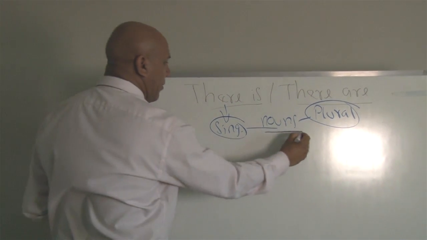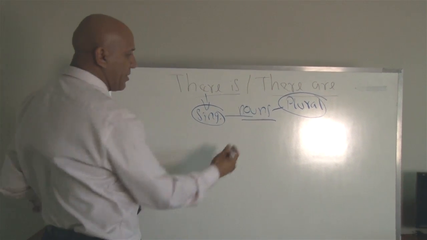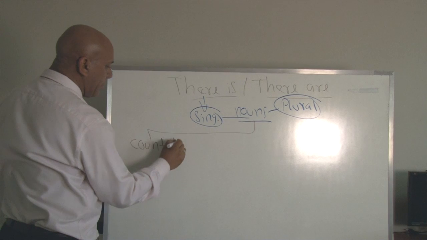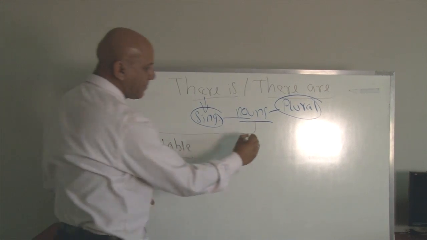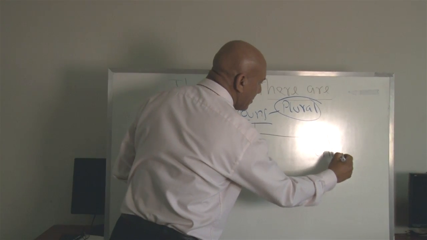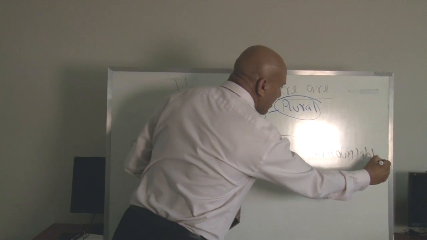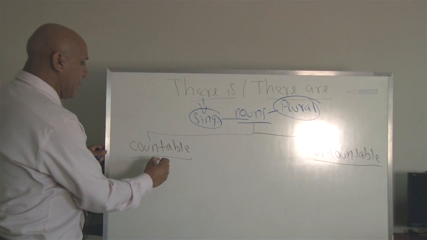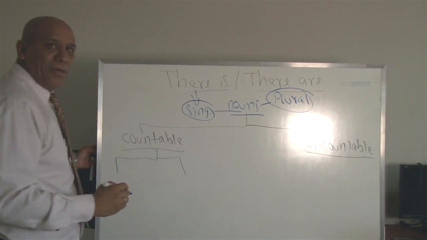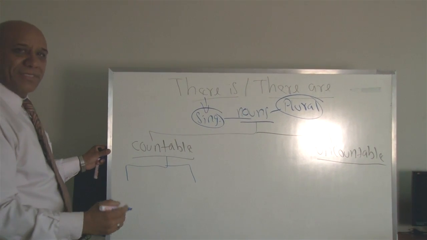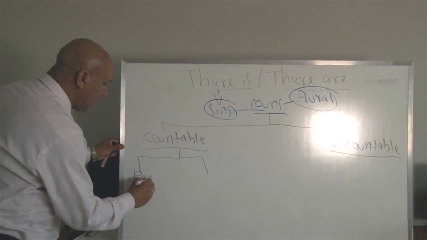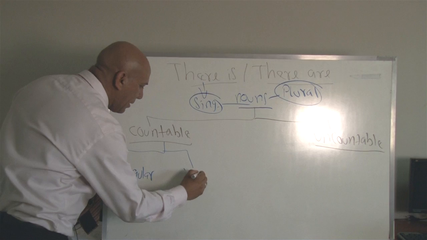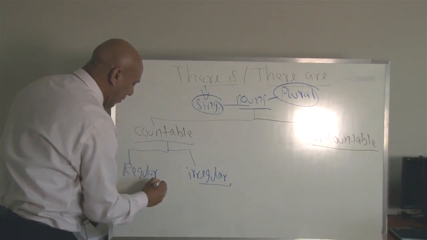Also, the nouns can be countable and uncountable nouns. And we already know that the countable nouns can be regular or irregular.